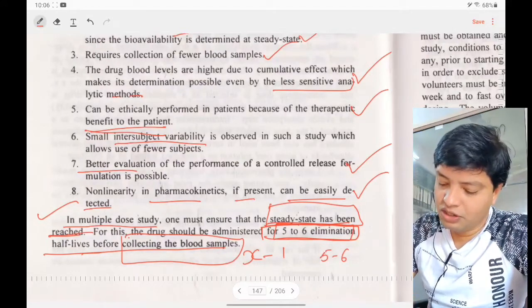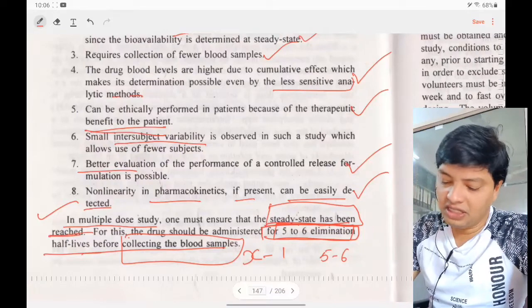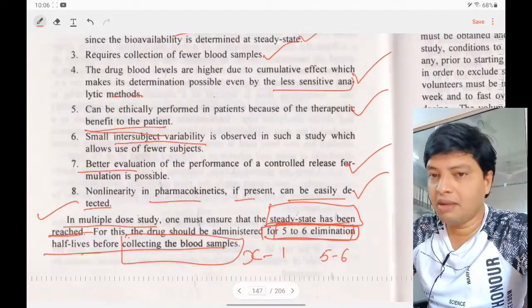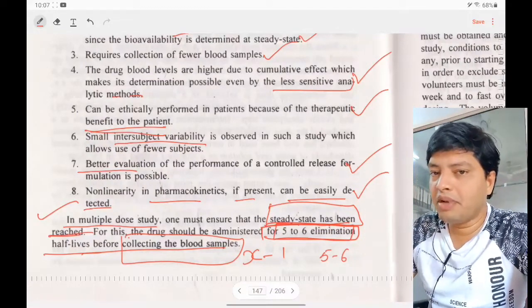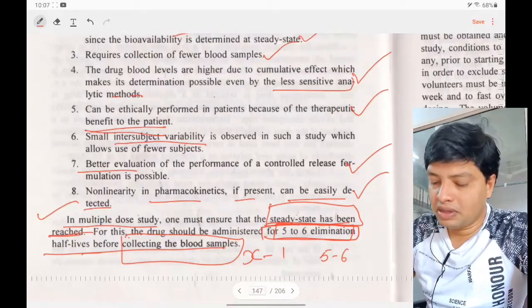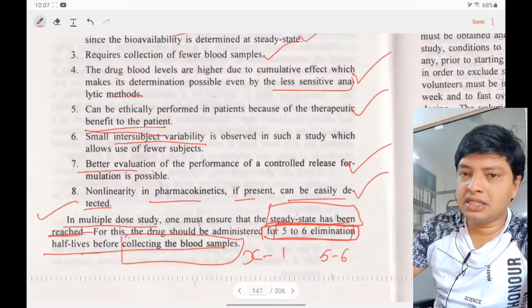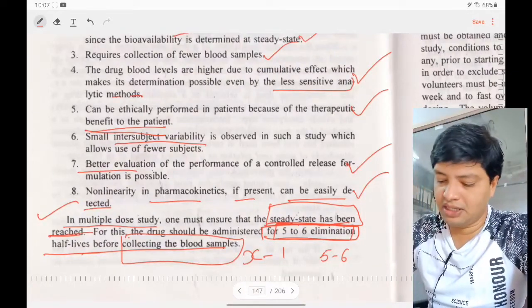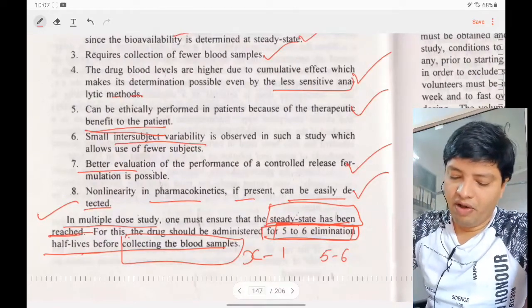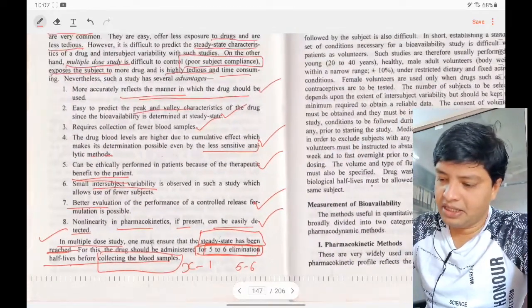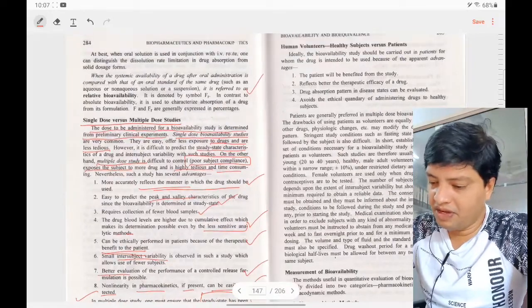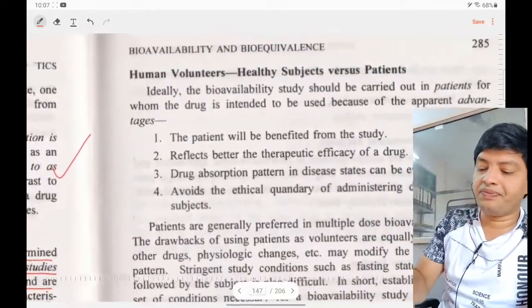For this, the drug should be administered for 5 to 6 elimination half-lives before collecting the blood sample. That's what this point is saying. Remember this: 5 to 6 half-life eliminations.